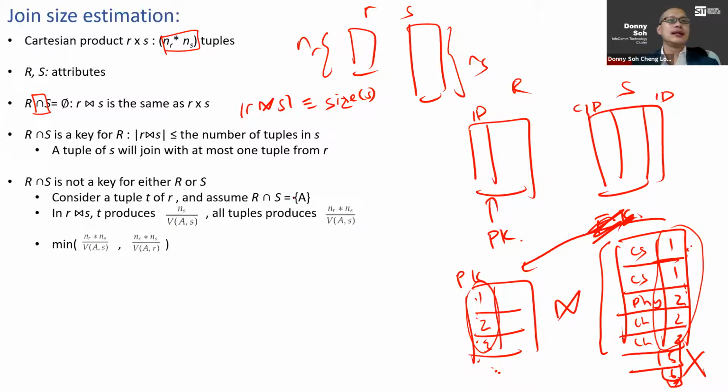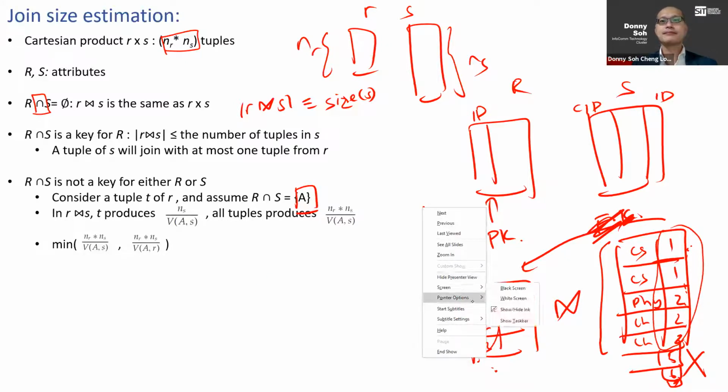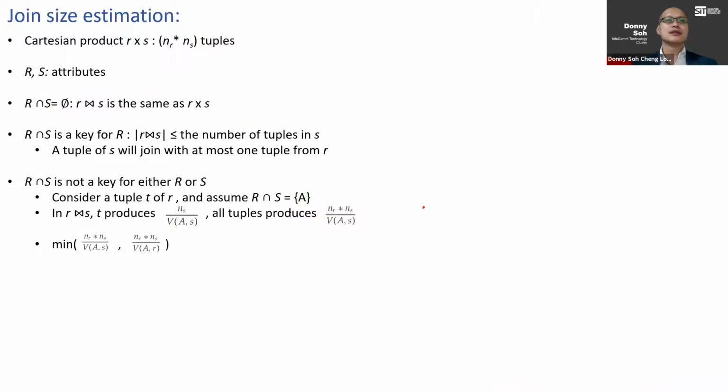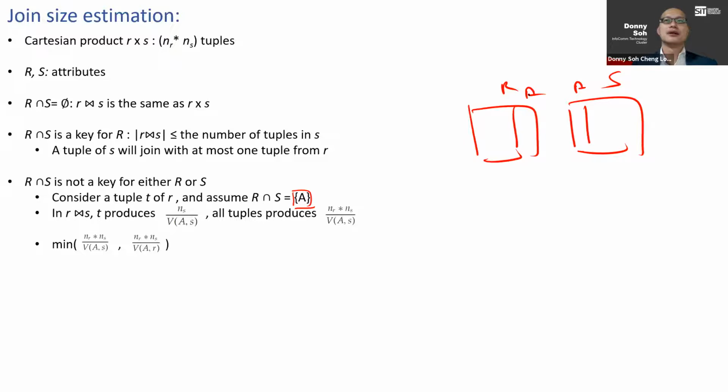So let's say my common attribute is A, and in R it is A. And this is just some random, let's say physics, chem, CS, and this is also physics, chem, CS, and so on.